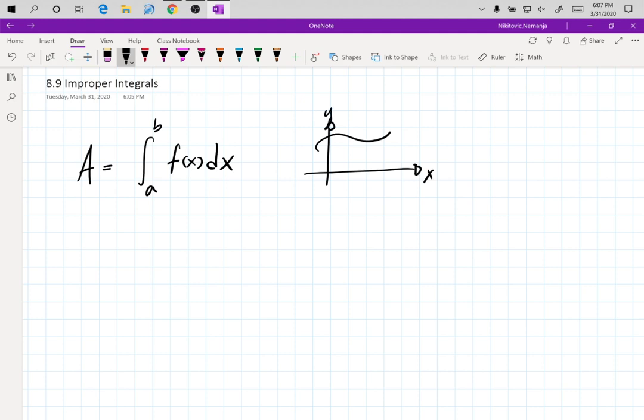If the function is strictly above the x-axis, between A and B, we're going to have an area, and that will be the area A that we can calculate with our integral.